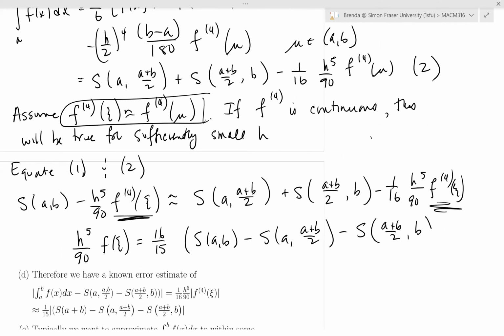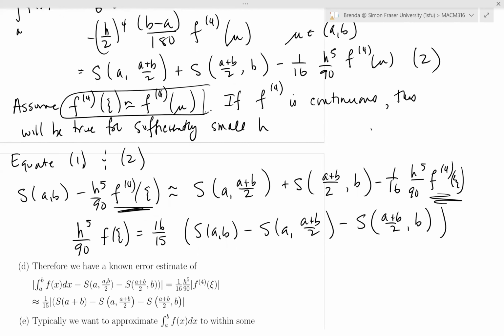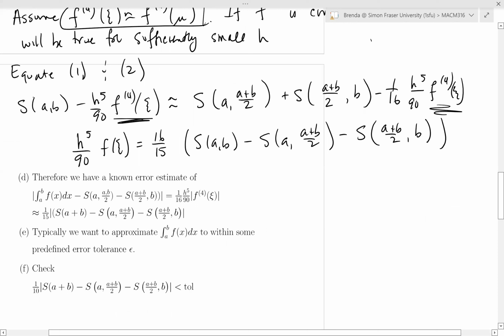So I've done two estimates, one for the whole interval and one for the two intervals. That gives us the fourth derivative. Oh yes, thank you. Got the four there. Definitely fourth derivative there.